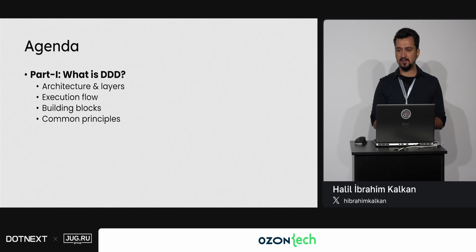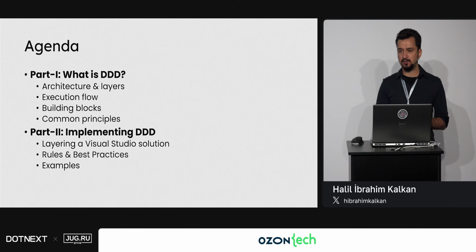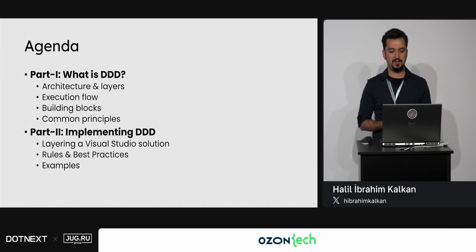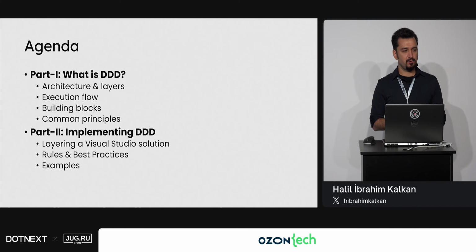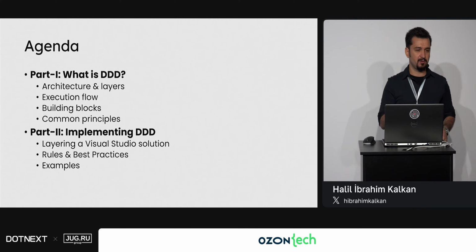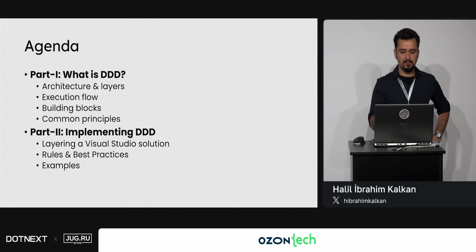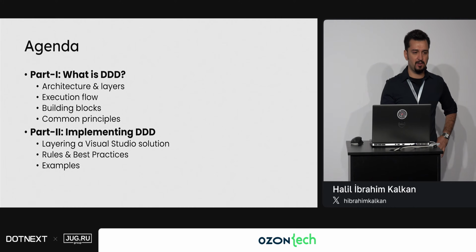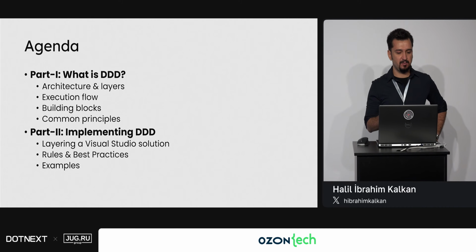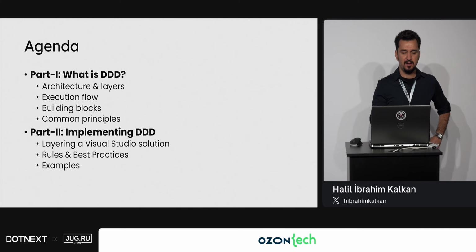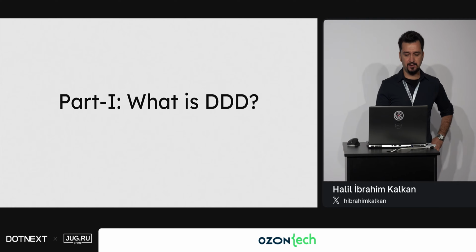I will mention some common principles. Then we will go to the second part, the implementation part. I will show how to layer a .NET solution based on DDD principles. And I will give many rules and best practices. These rules are simple, but when you follow them, you will have a maintainable, well-organized code base. Of course, I will give many examples.